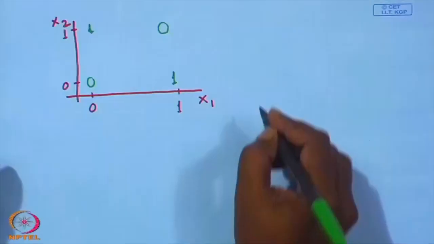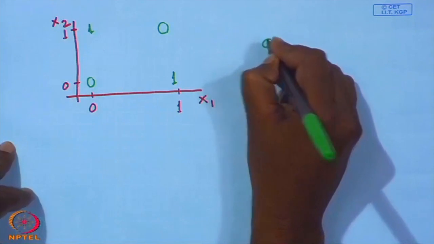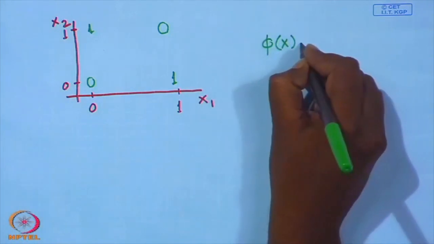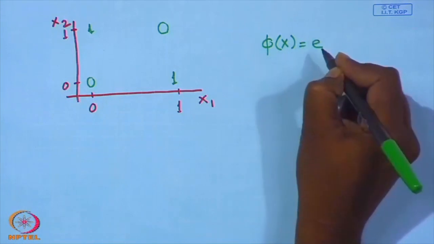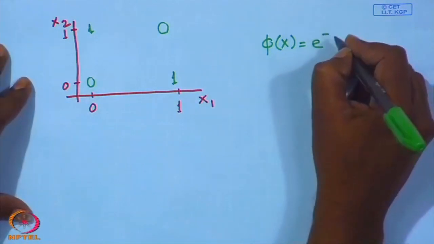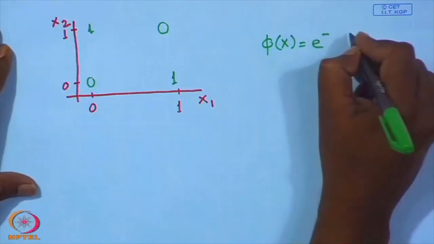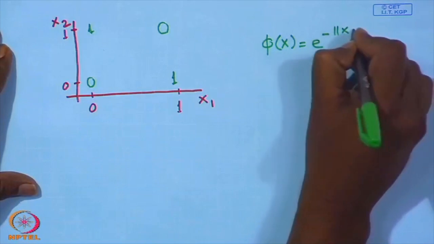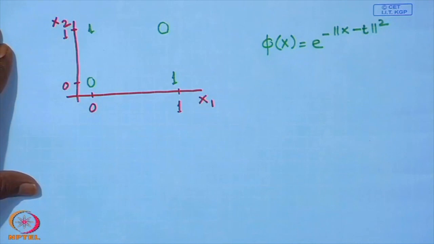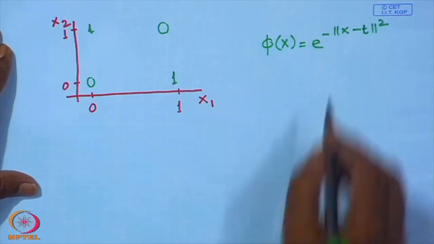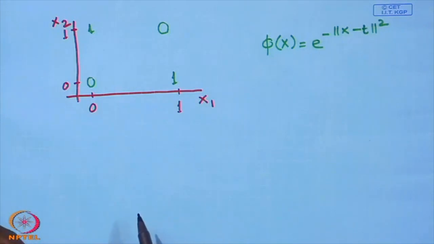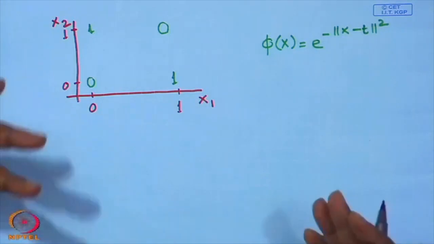So, the form of the radial basis function will be phi x, which will be given by e to the power minus x minus t square. And this t is the receptor, and as I said, I will not increase the dimensionality.